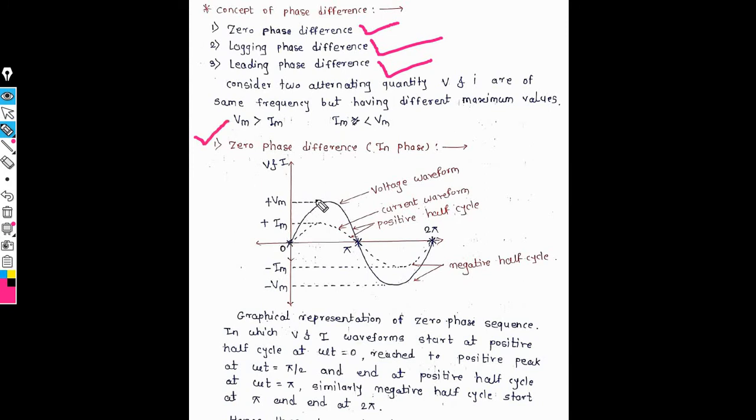Now this is the sinusoidal waveform. It consists of two waveforms: the first is the voltage waveform and the second is the current waveform.